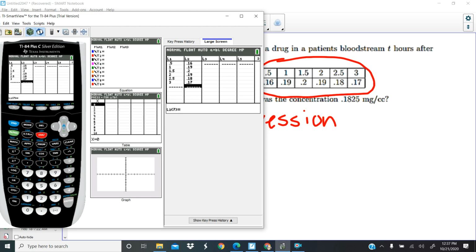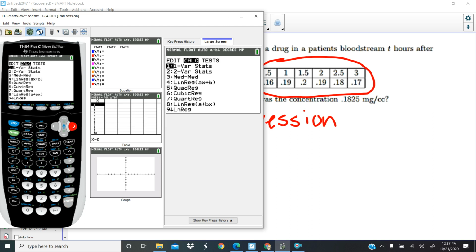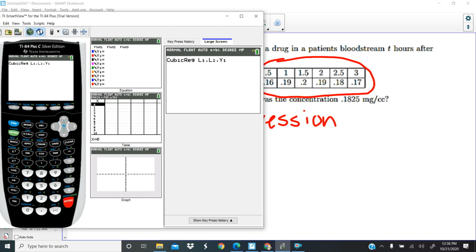So now I'm going to hit Stat again and go over to Calc. This time, instead of scrolling down and choosing ExpReg, I want cubic regression, which is down here on number 6. So I'm going to select that. If you remember when we were doing exponential regression, we always stored our regression equation in Y1. So we're going to go to Vars, then over to Y-Vars, press enter on Function, and enter on Y1, and then we're going to calculate it.